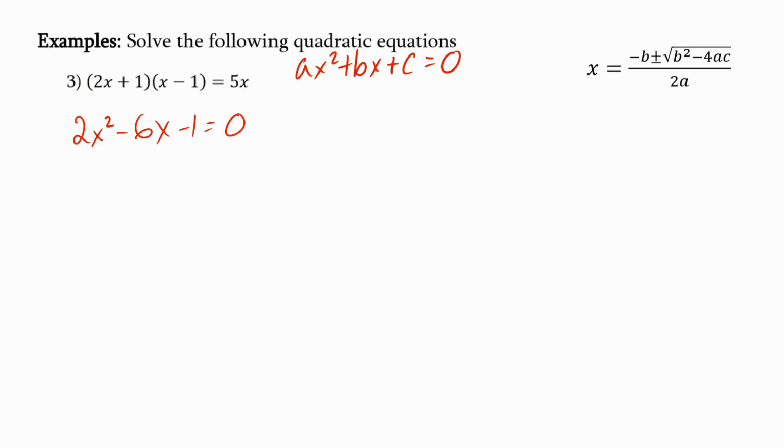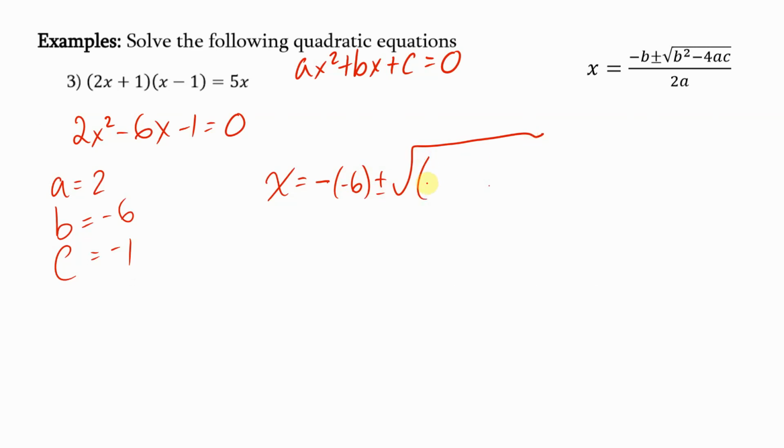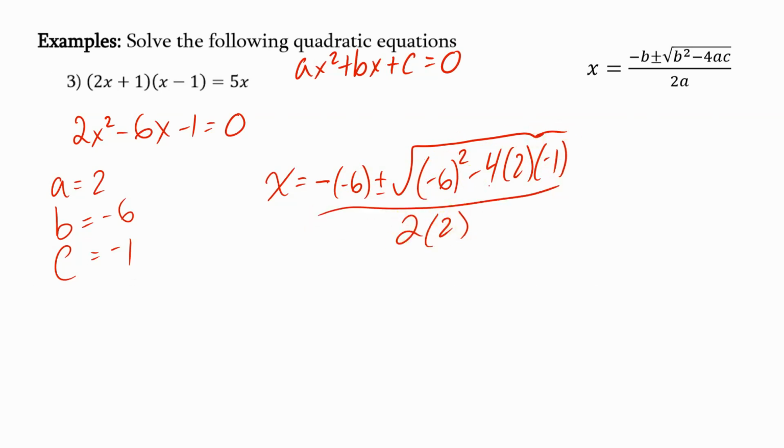Now, we can do the same thing by using the quadratic formula. A is 2, b is -6, and c is -1. So we could say x is equal to 6 plus or minus the square root of -6 squared minus 4ac, all over 2 times a.